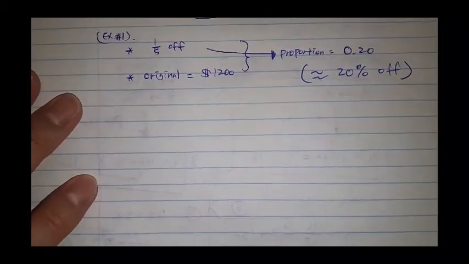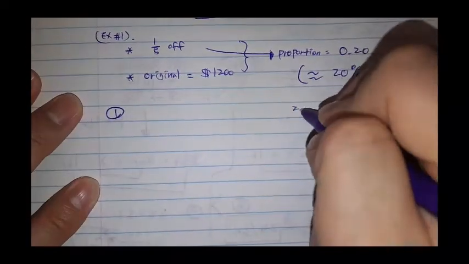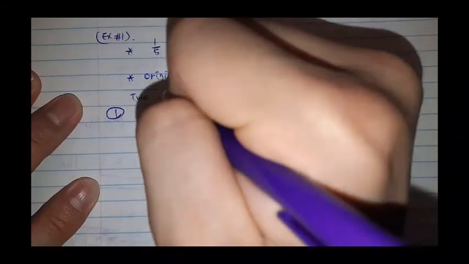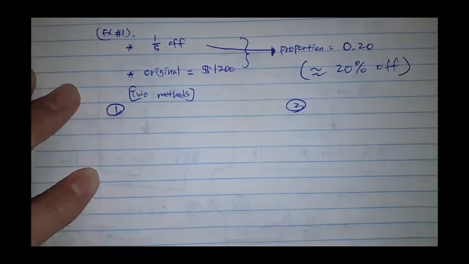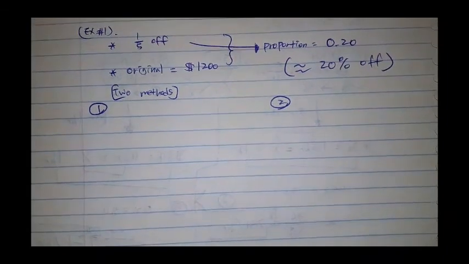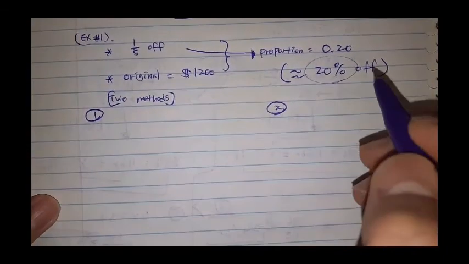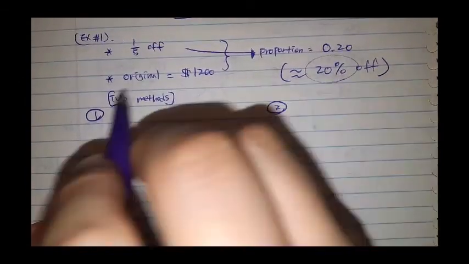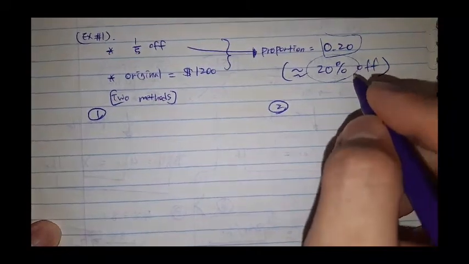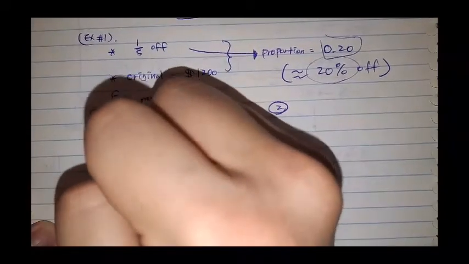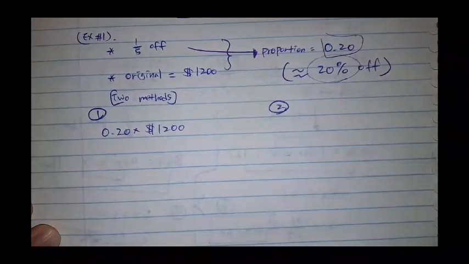Now, whenever you see this situation, there are two ways of solving this question. I'm going to show you two different methods. One method is to find out what 20% of the original is. You start with 0.20 as the proportion and multiply by your original value, 1,200.